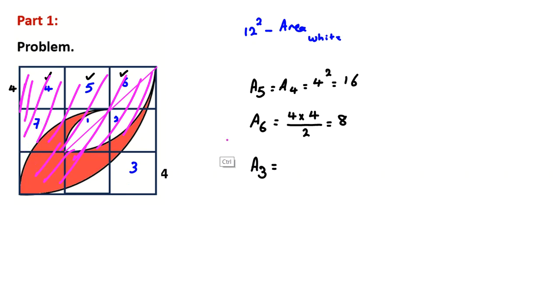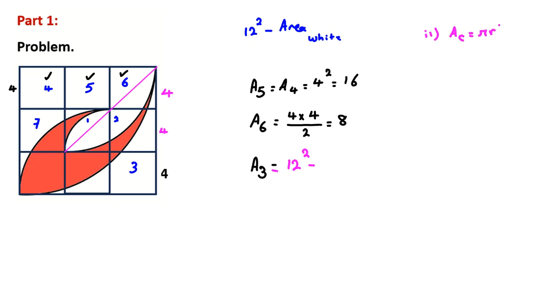So the whole square is 4 plus 4 plus 4, 12 squared, minus this quarter circle. Let me erase this part. So the area of a circle is what? It's so much easy. Area of a circle is pi r squared.